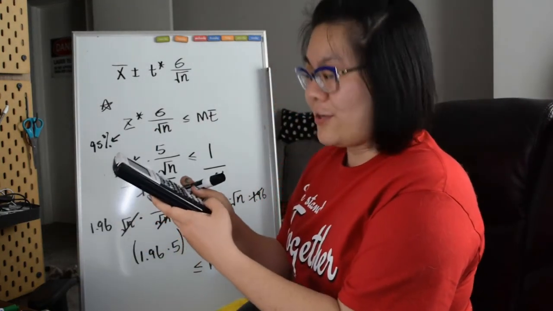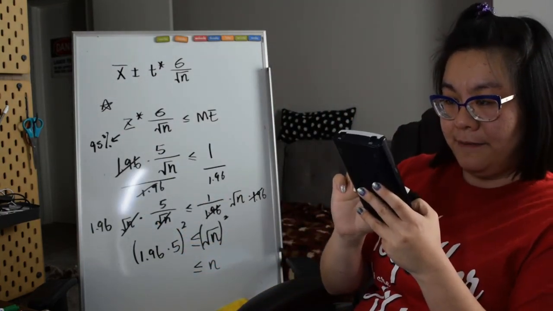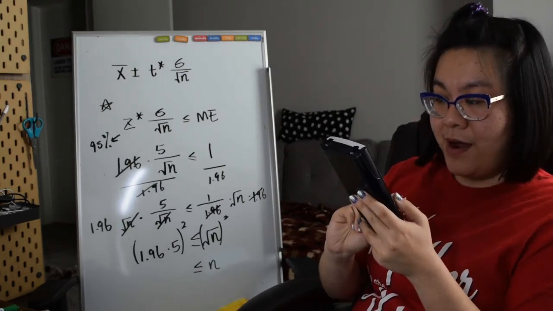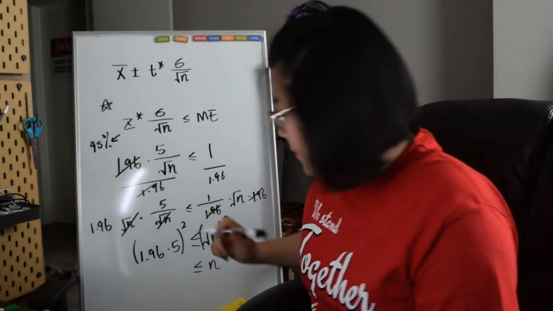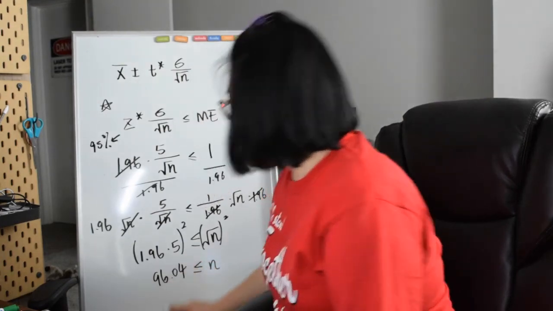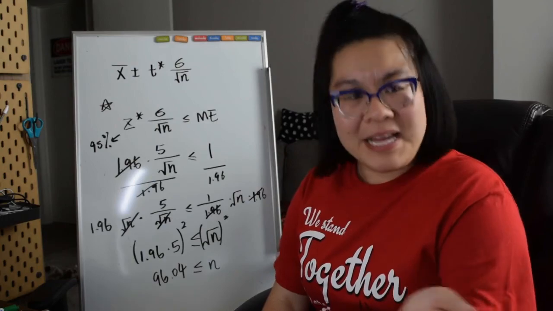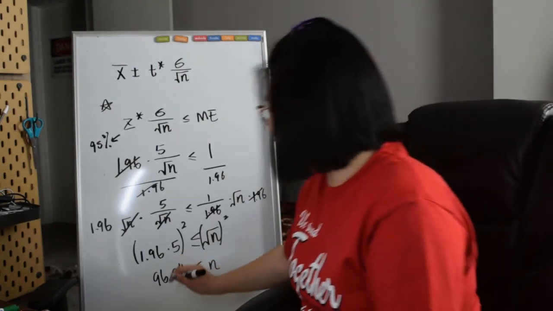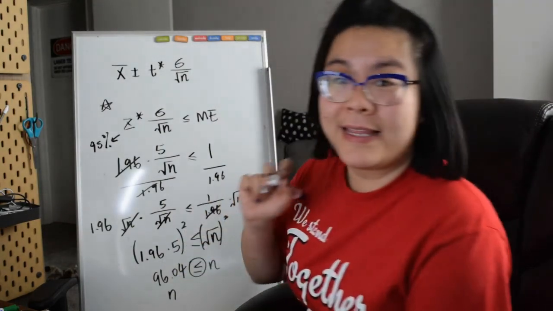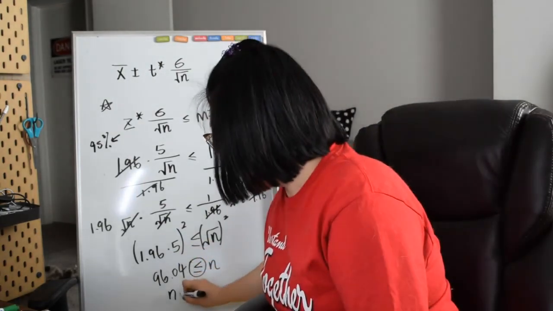All right, I'm actually doing it, you are doing it too. 1.96 times 5, and then square, I have 96.04. Okay, so what will the n value be? Somebody will say, okay, 96 is pretty close to 96.04. But remember over here, we're getting the greater than, we want the integer that is bigger than that, so n has to be 97.